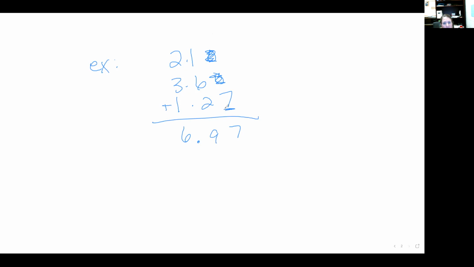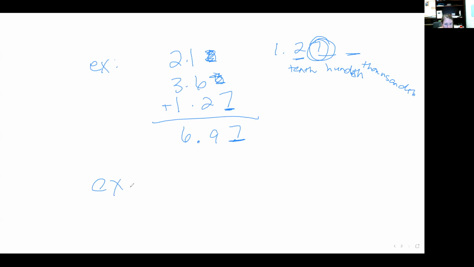Well, the 7 is significant. So that means we have to round to the 1.27. This is the tenths place, and this is the hundredths place. If you were here, this would be the thousandths. But we are here, so that means you should have a two-decimal-place answer. So this one, we would just leave it as 6.97.